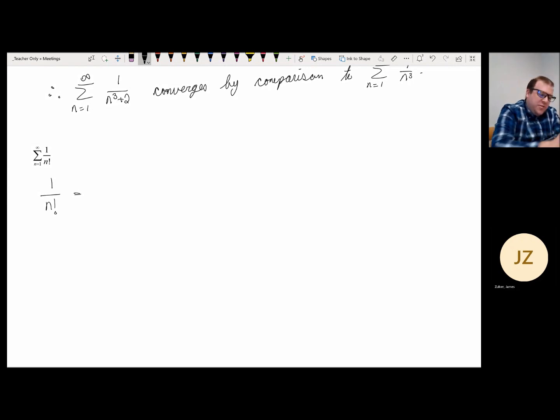The 1 over n factorial. Right? 1 over n times n minus 1 times n minus 2 times n minus 3, and so on and so forth, times 3 times 2 times 1.